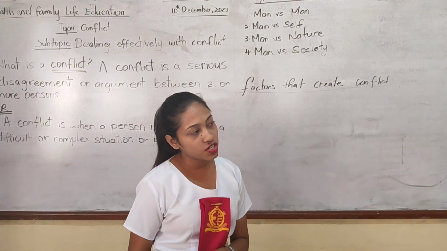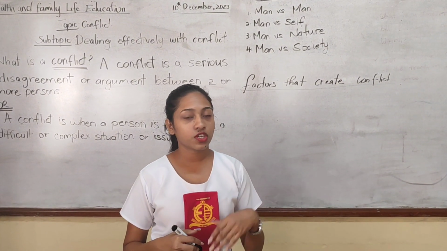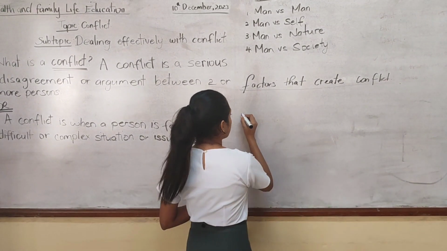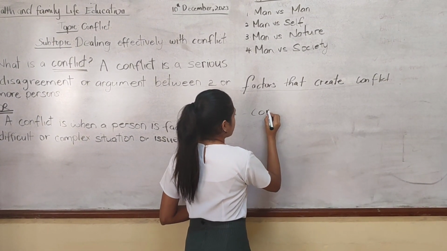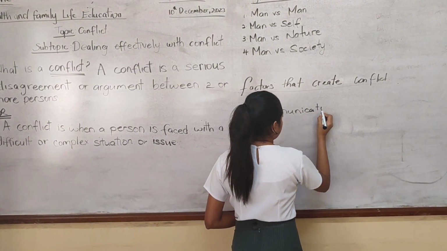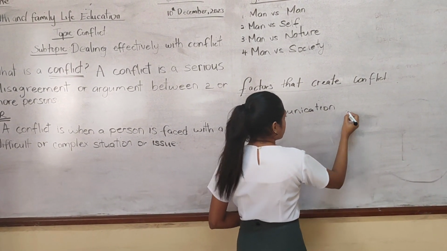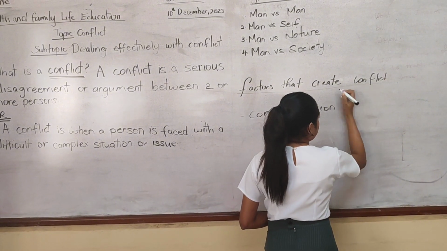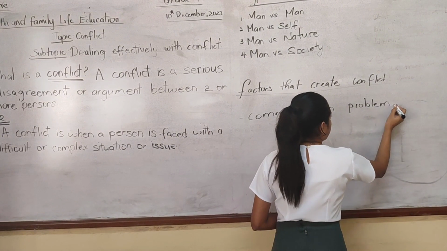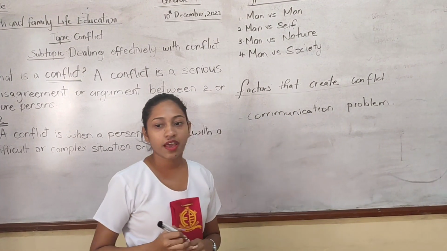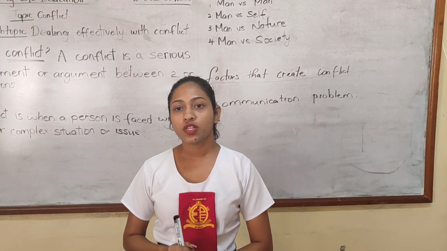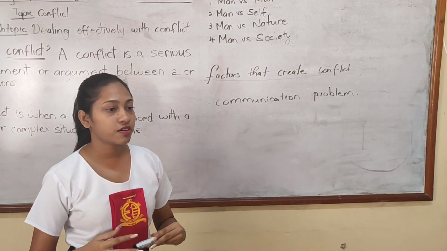Alright, very good. You could say we could count that as communication problem, right? Alright, the next one. Anybody else? Let's pick Victoria. What do you think else can cause a conflict?